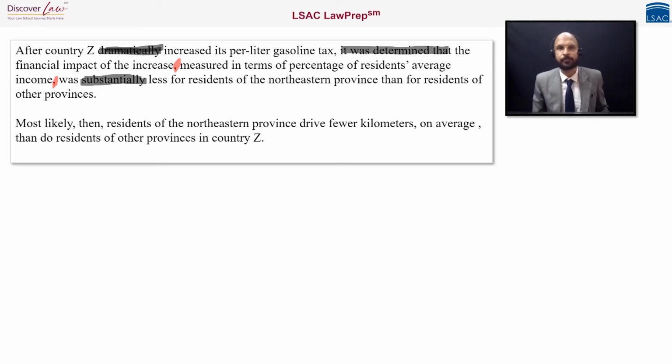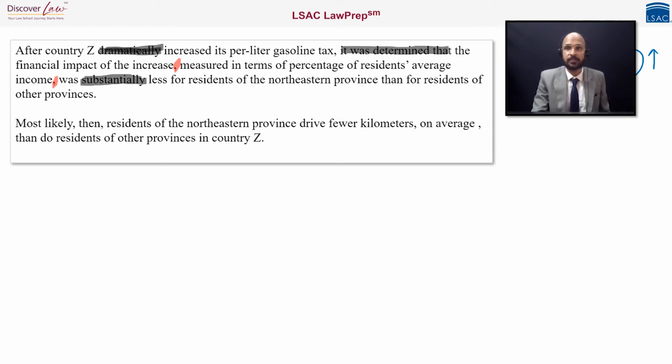It says measured in terms of the percentage of the residents' average income, which means that you're looking at the financial impact. Let's say there was a 10 rupee per litre increase. You're not looking at it in terms only of this. You're looking at it in terms of the salary. So let's say someone buys 5 liters.